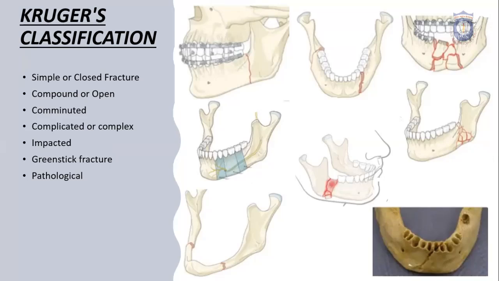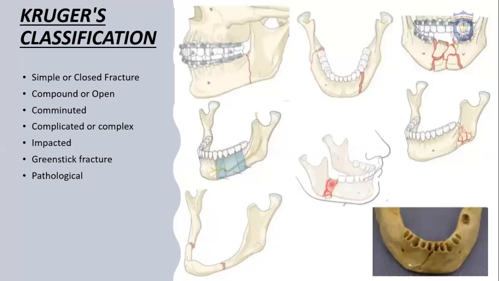Now, what do you mean by exterior? Exterior means towards the outside. So there need not be an open wound. When we hear the term exterior, we feel that it's an open wound, but definitely there need not be an open wound. A fracture can communicate through the tooth root or the periodontal ligament space.